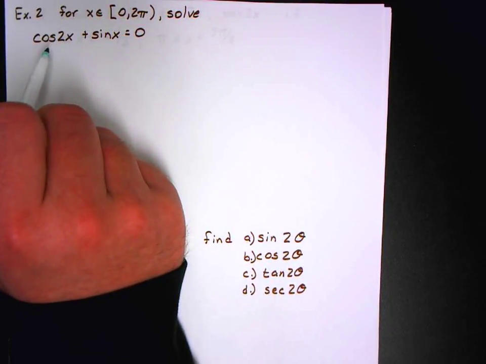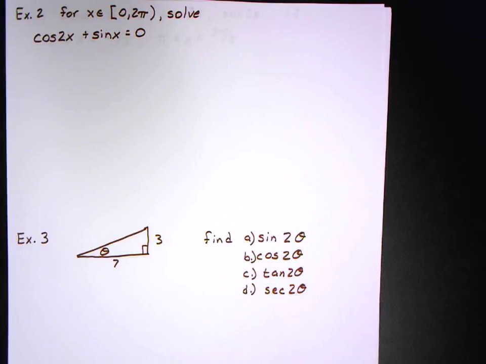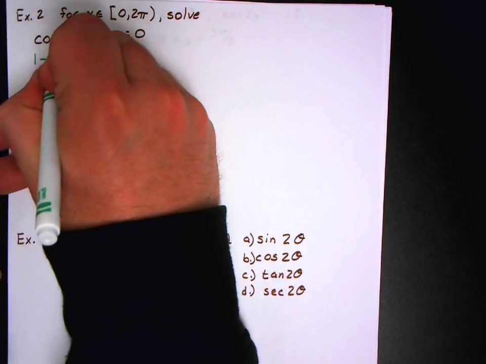Whenever I go to change this, which formula do I want to use? Well, okay, yes, I want to use the cosine one, but the cosine has 3 versions. Which one do I want to use? Look at what else is in my problem. I want to use the third one.